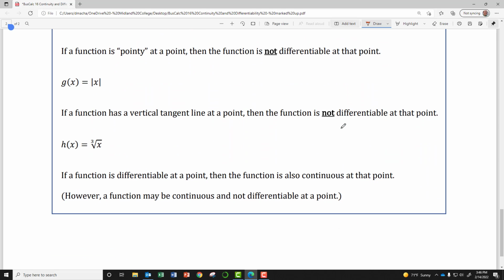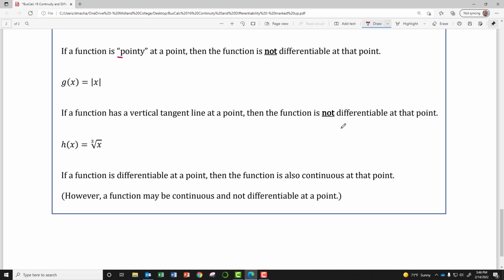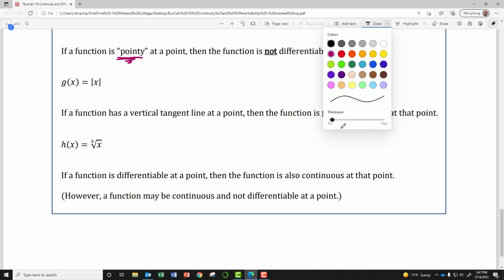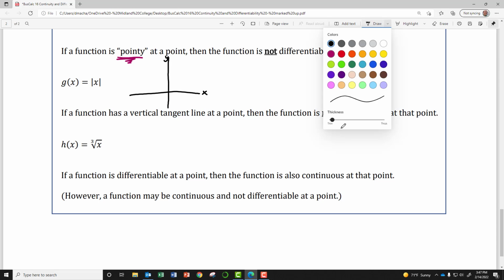The next little bit, I'm a little bit informal with my language here, but if a function appears to be pointy at some point, then the function is also not differentiable at that point. And so what I mean is if I graph this function absolute value x, I'm going to draw you a miniature xy plane, and if we graph the function y is equal to absolute value x, this is what it looks like.